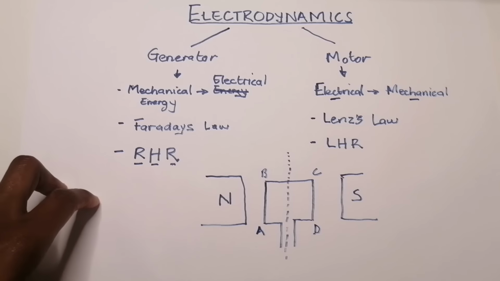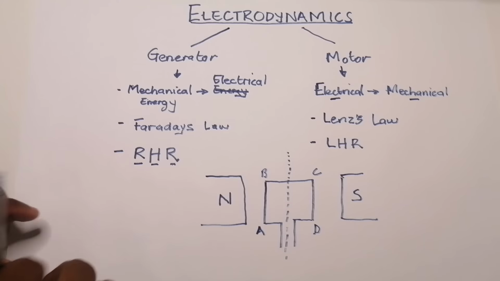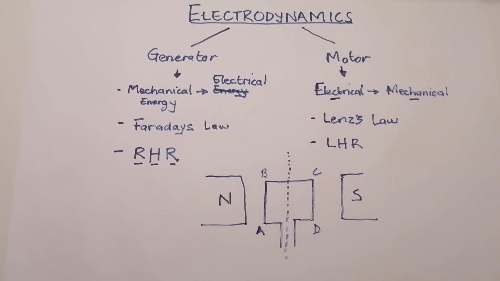Now, ladies and gents, let's assume this is a generator. I want to show you how to use the right hand rule. I'm going to give you two things, and we are supposed to predict the other. You'll understand in just a few moments. Just stay with me.